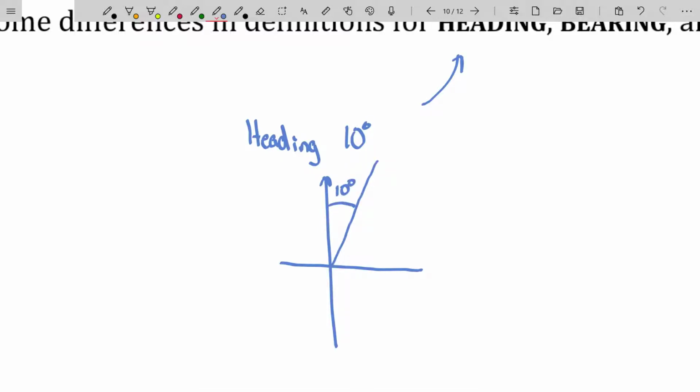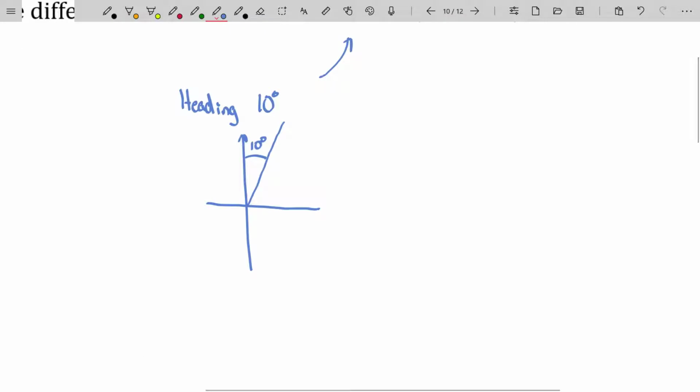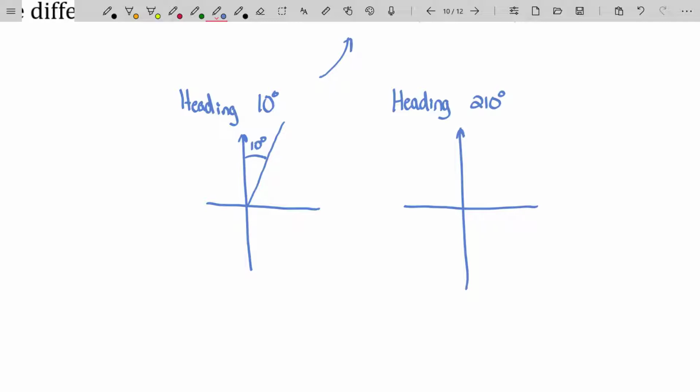So that would be a heading of 10 degrees. A heading of, let's say, 210 degrees would be, again, measured from due north going clockwise. So there's 90, 180, and then 30 more. So this right here would be a heading of 210 degrees. So that's just a heads up about heading.